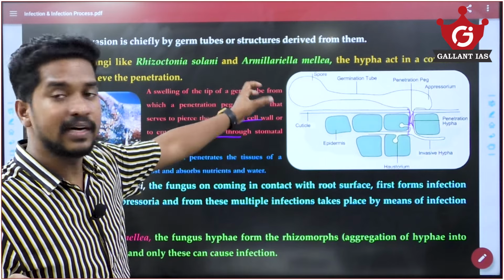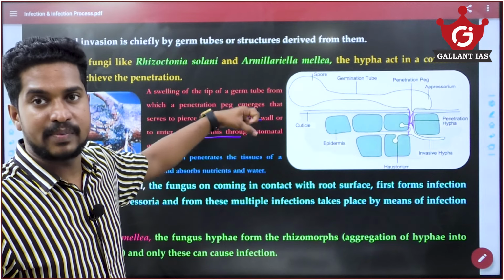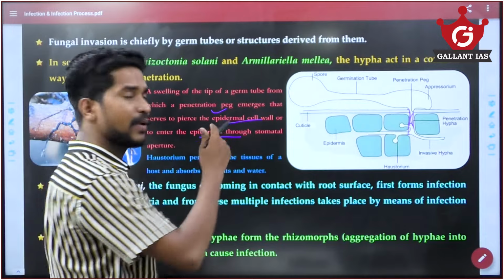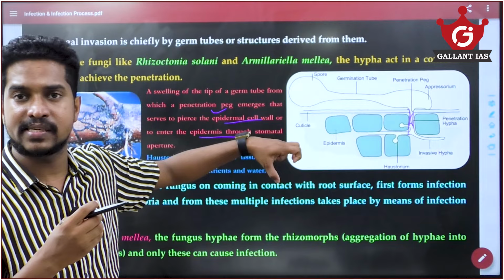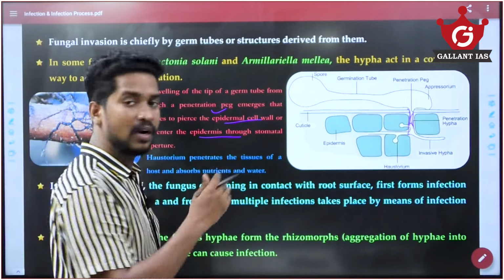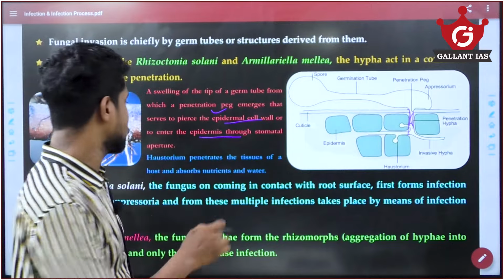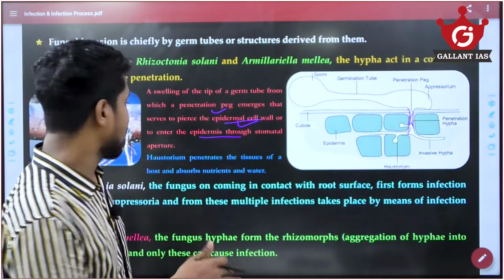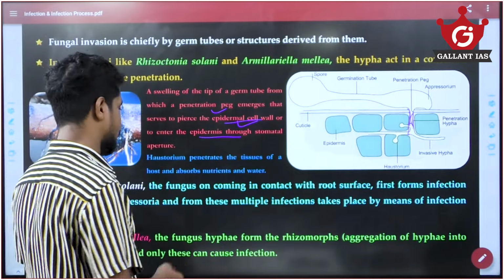So either this penetration peg enters the epidermis through the stomatal aperture, or by producing the infection peg it pierces the epidermal cell wall and then enters the host cell.